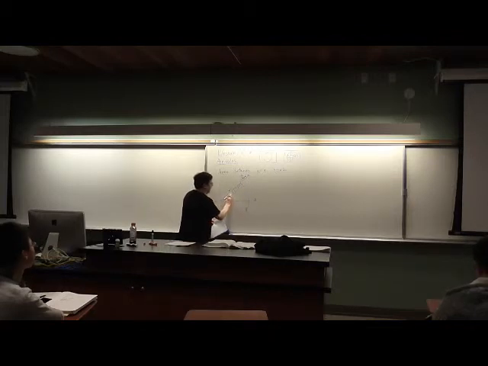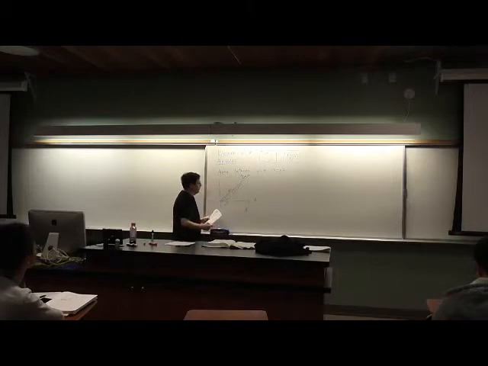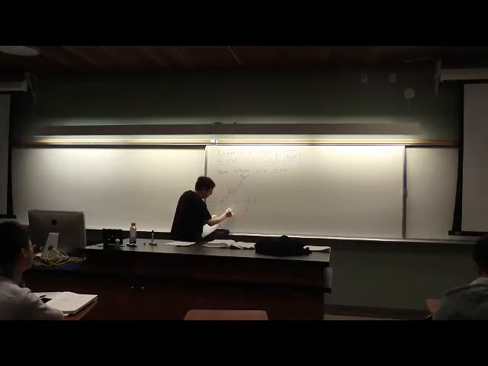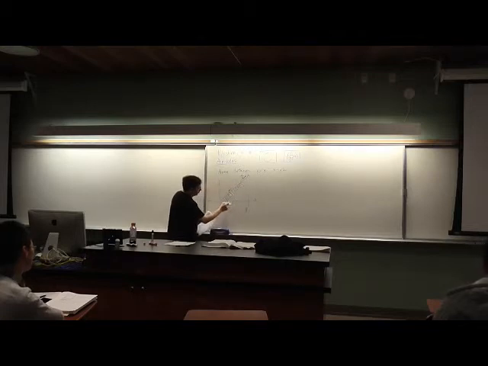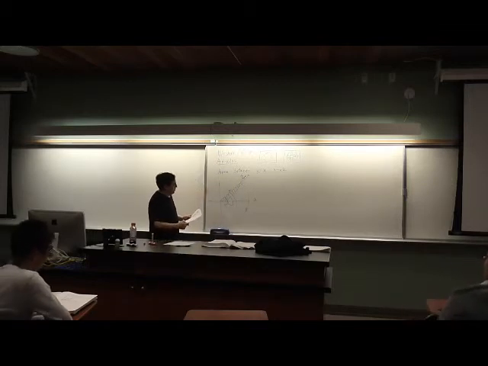Okay, so how are we going to do that? Well, now instead of a circle, we actually have a ring that we want to cut out from the circle. So we need to figure out the area of this ring.